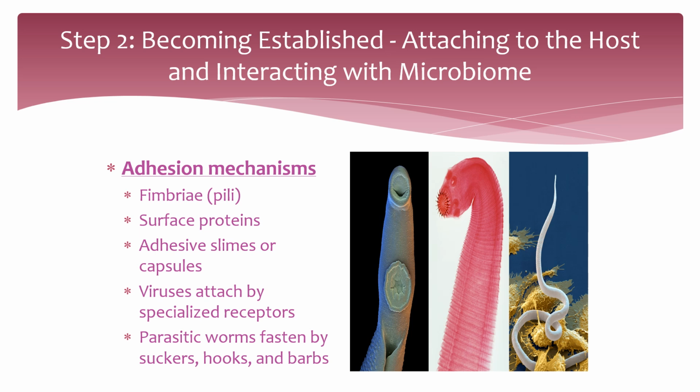So again, depending on what type of microbe we're looking at is going to depend on what type of adhesion mechanism it's going to use to latch on and hold on for dear life in that second step of establishing itself inside of the host, once inside.